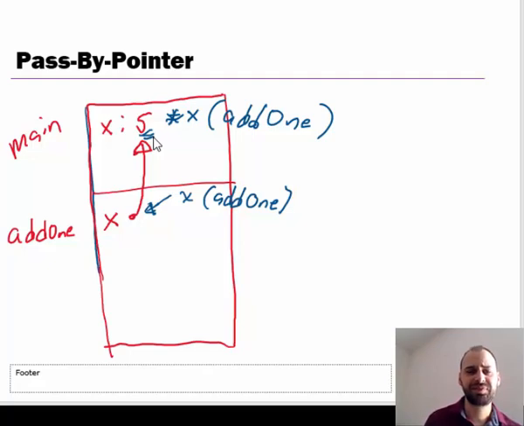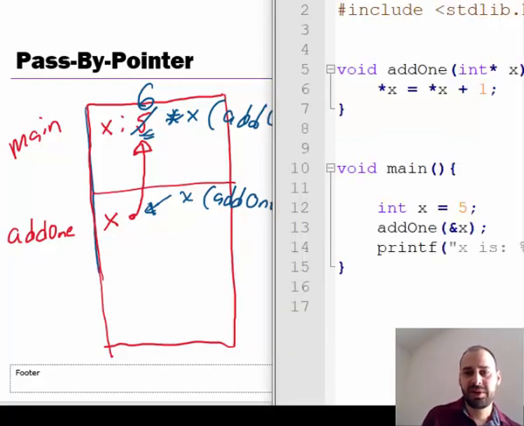Key difference. So now when I say star x equals star x plus 1, I'm referencing this memory location and it gets the value 6. That is why this example gives us the result that we see.